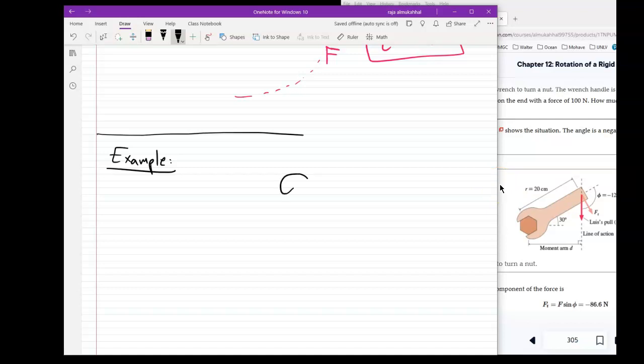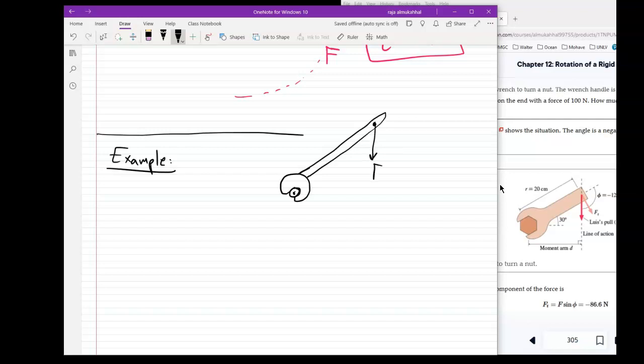I think I can draw a wrench very quickly. Something like that. Here is the knot. Sorry for the lousy drawing. I could draw better than that if I was using chalk or something. And so let's say that the force of application is right here. He is applying this force right there.